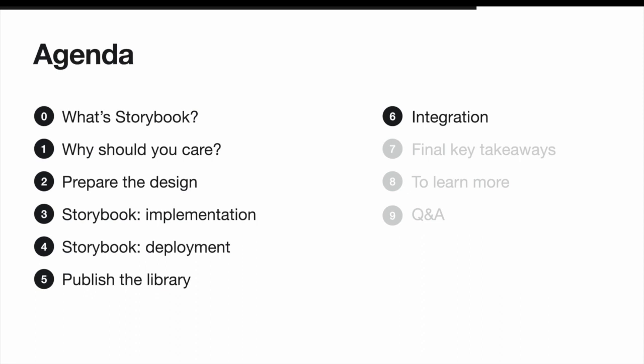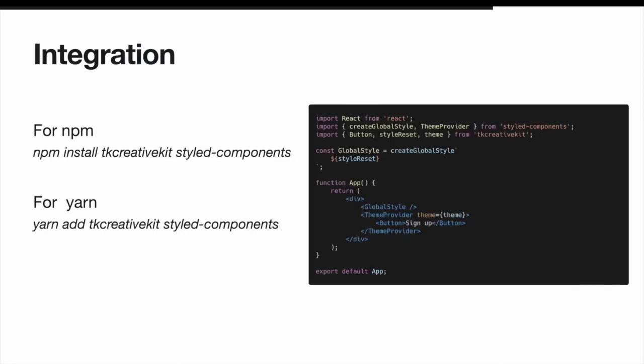And now that the library has been published, it's time for the integration. So very quickly, for integrating, it's not difficult. Just npm install the name of your component library.